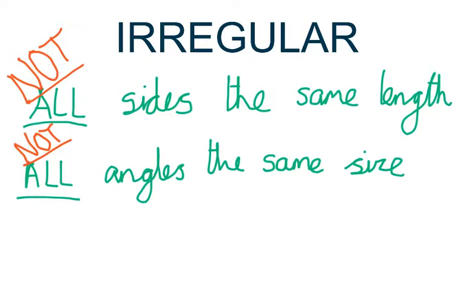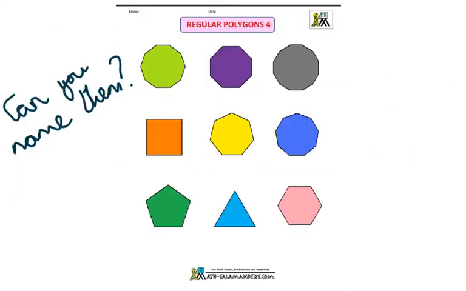Okay, so irregular shapes then are the opposite. Not all the sides the same length, not all the angles the same size. Even if it's just one that's different, it's still irregular. So here are some examples of some regular polygons. How many of these do you know the name of? I'll just give you a second to have a look through. What I suggest you do is count some sides and see how many sides they've got.